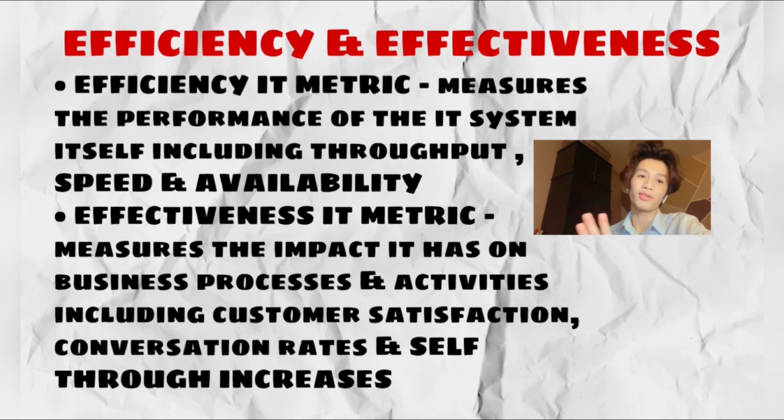Efficiency and effectiveness. So efficiency IT metrics measure the performance of the IT system itself, including throughput, speed, and availability. Effectiveness IT metrics measure the impact IT has on business processes and activities, including customer satisfaction, conversion rates, and sell-through increases.